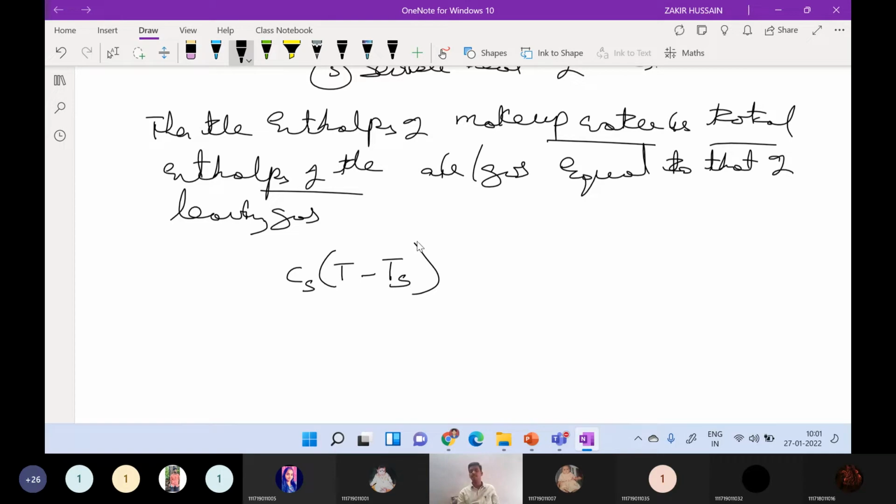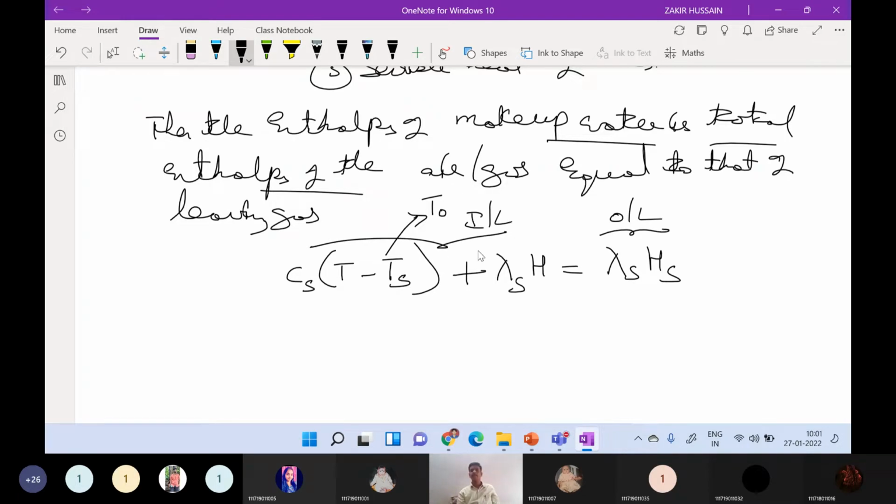Ts here is the reference temperature, the same as T naught that we used earlier in the total enthalpy formula, plus lambda s into H is equal to lambda s into Hs. So this is the outlet, this is all inlet plus what is supplied inside the chamber by the water.